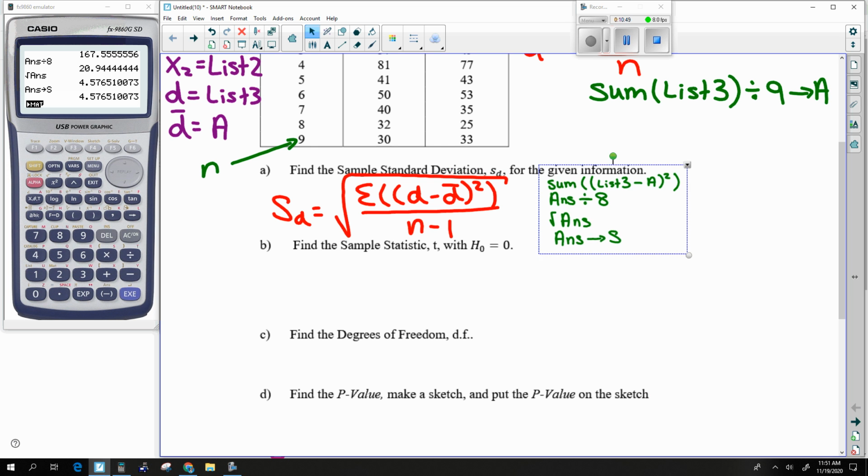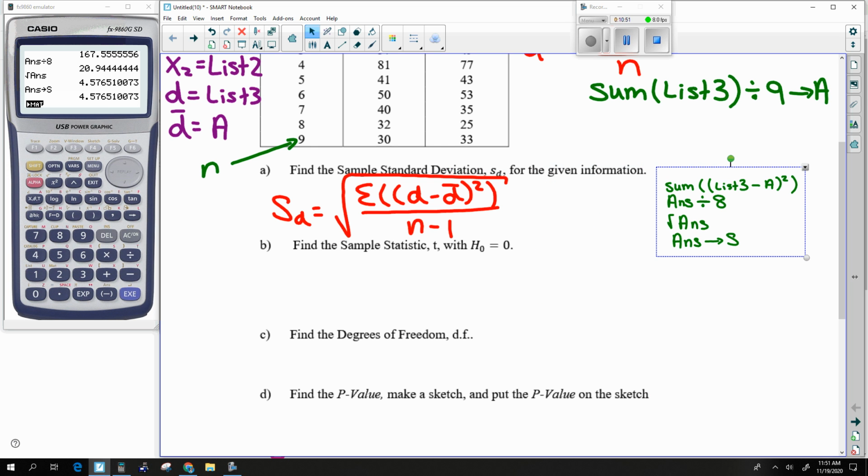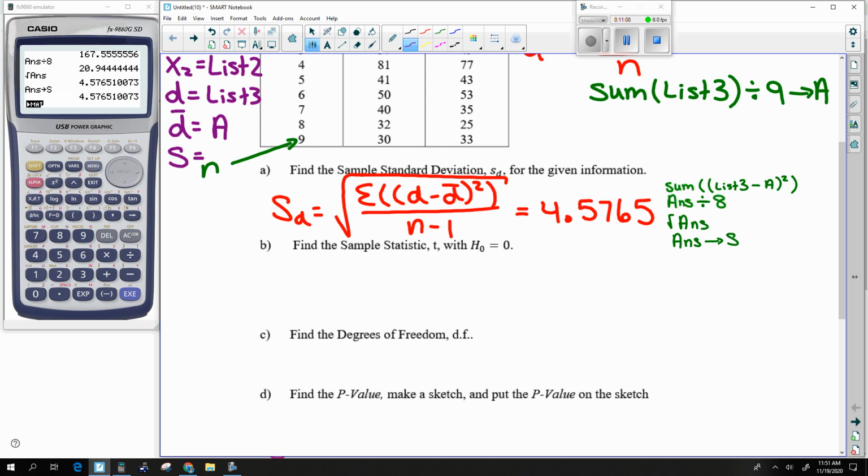Again, the fraction is pretty involved, so you probably want to break it down into more manageable pieces. Don't forget to actually write down the answer. Okay, that is now the letter S. So S is now the letter S in my calculator.